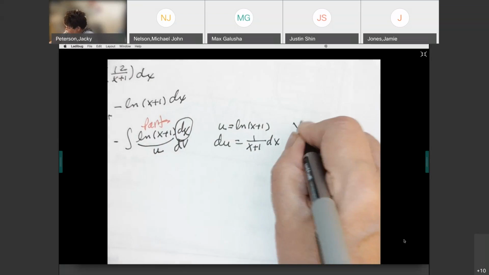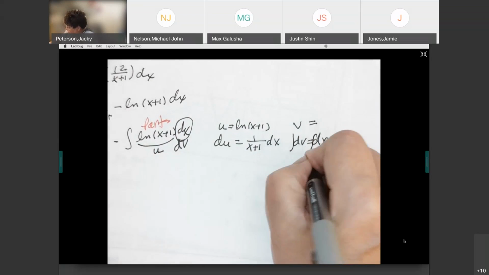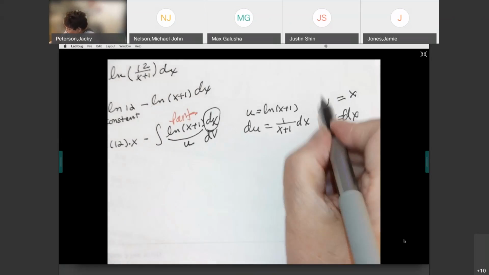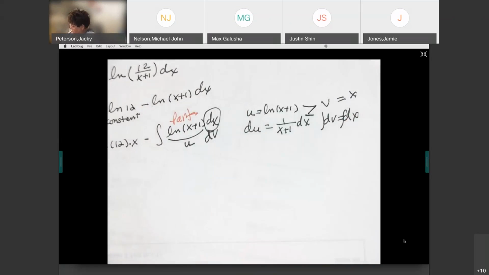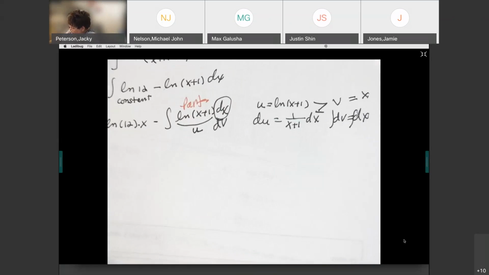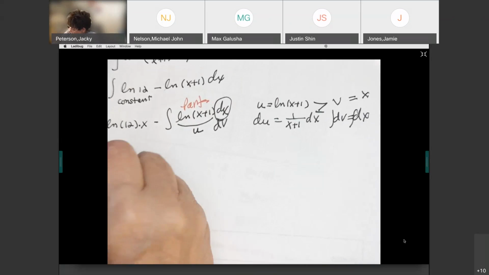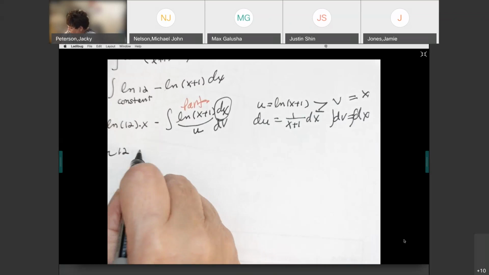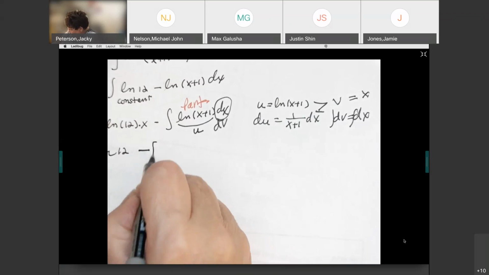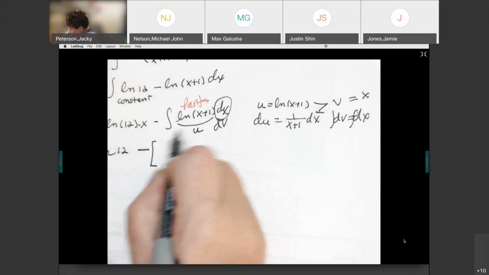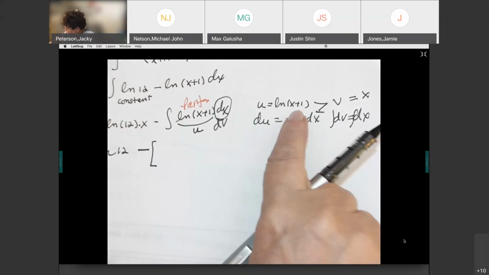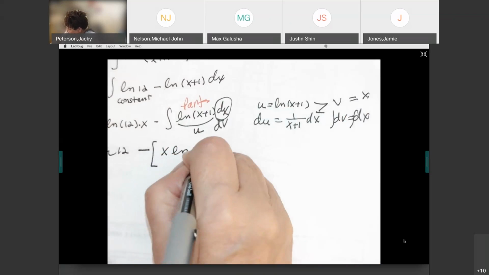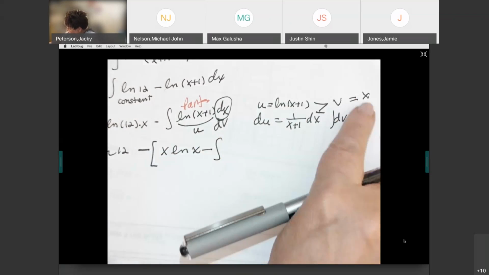That means v, when I integrate both sides, is x. So that when I do it, this becomes the natural log, and I'm going to put the x in front of 12, minus whatever is going to come out of this thing. It's u times v minus the integral of v du.